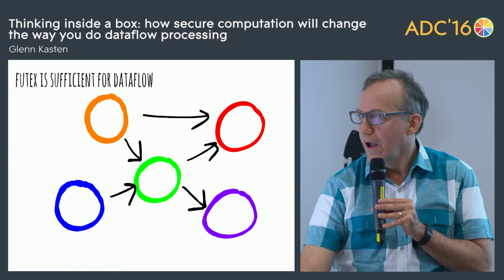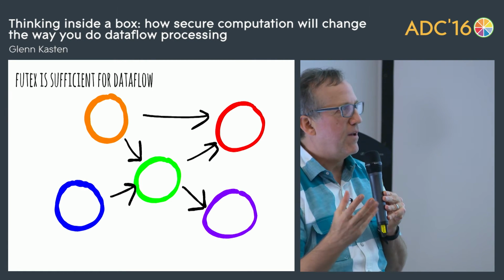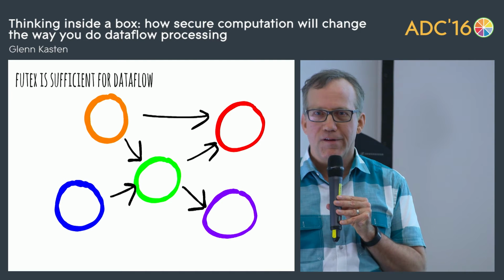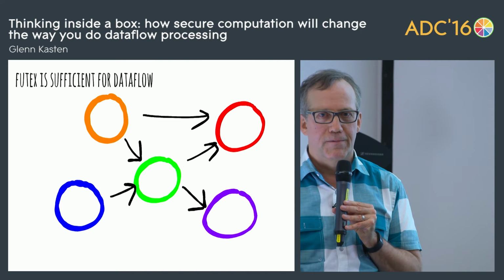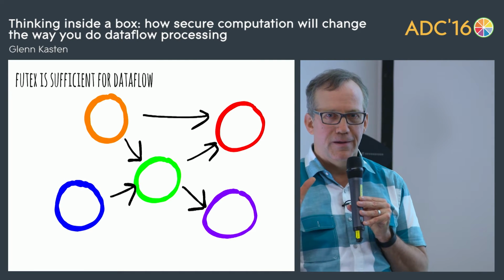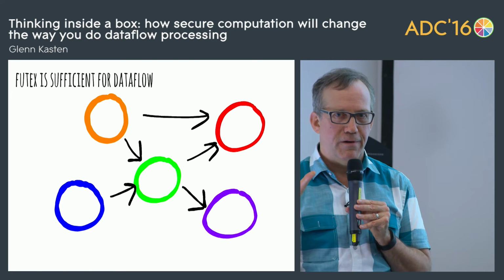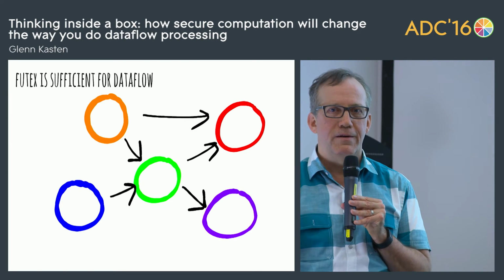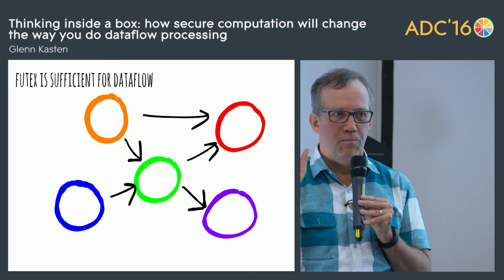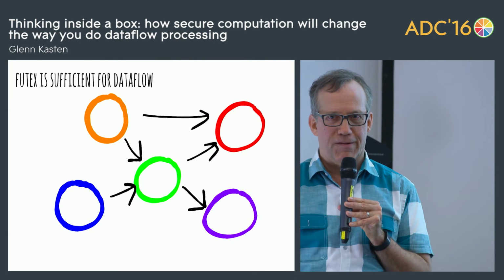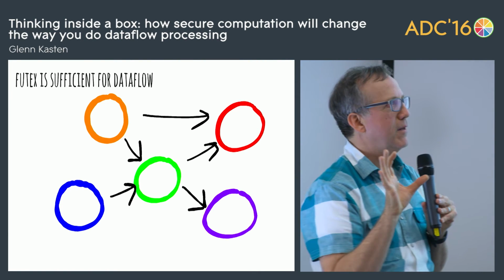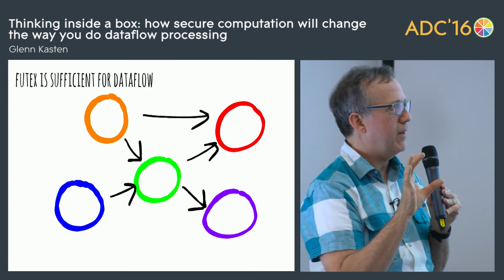So why did I pick futex and why only futex? It turns out that's sufficient to implement dataflow. So now we can run a simple dataflow computation on top of Linux and yet not be reliant on the rest of Linux. We're only reliant on the wait and wake up.